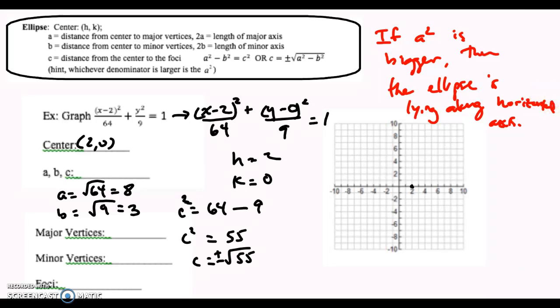So I know it's hard to read here, but if a squared is bigger, then the ellipse is going to be lying along its horizontal axis.